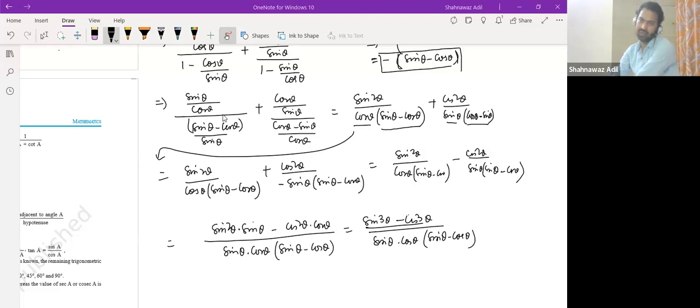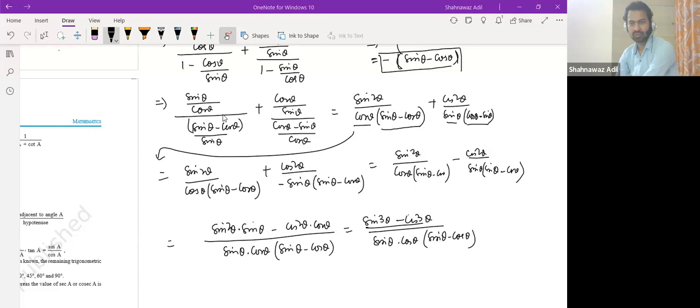Yes, what is this sine cube and cos cube? What is this identity? A cube minus B cube. So what is a cube minus b cube?